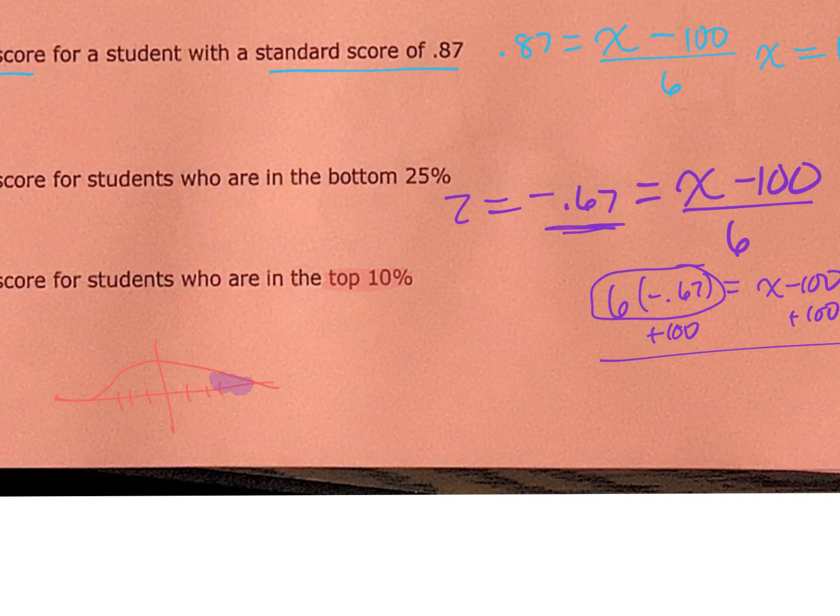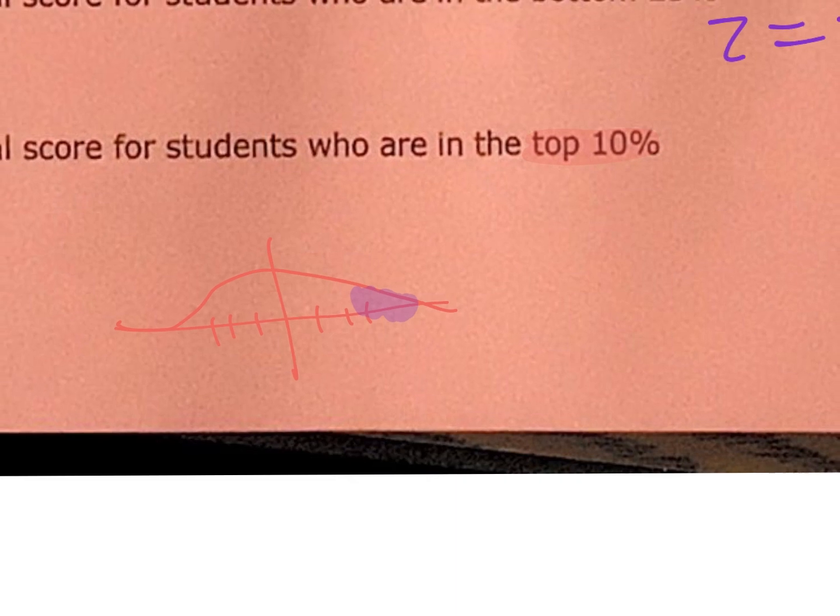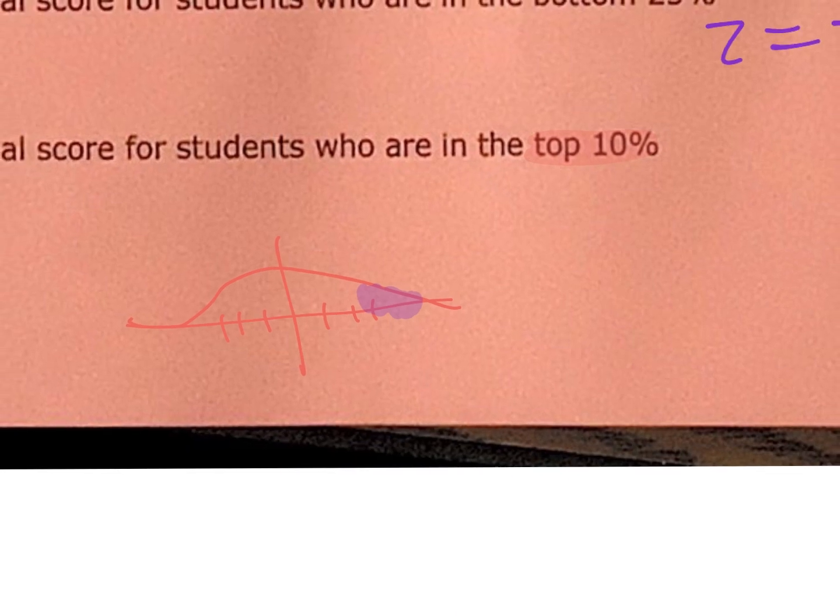Okay, so the key is to remember that the way the table is set up, we're not looking at values from here and higher, like what this is suggesting. So we need to think about what the percentile would be here and lower.